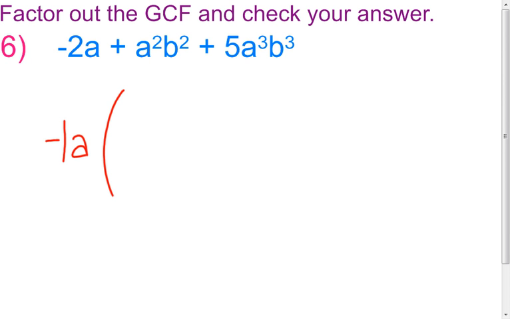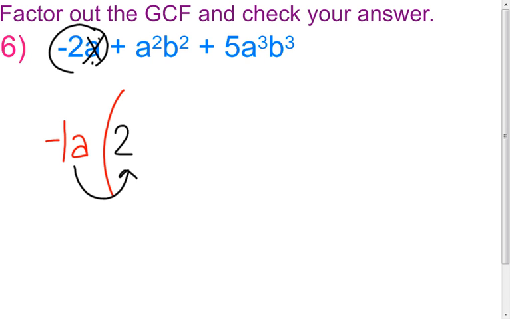Okay, so here we go. -1a times what gives me -2a? Well, -1 times +2 gives me the -2. And then I had an a up here, but I pulled it out in front. I used 1a out of there, and so I don't have any a's left.